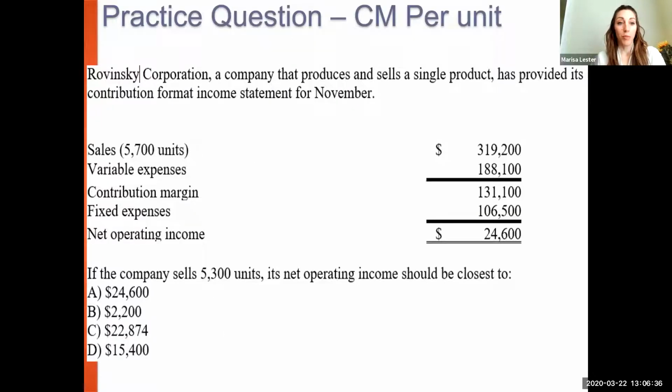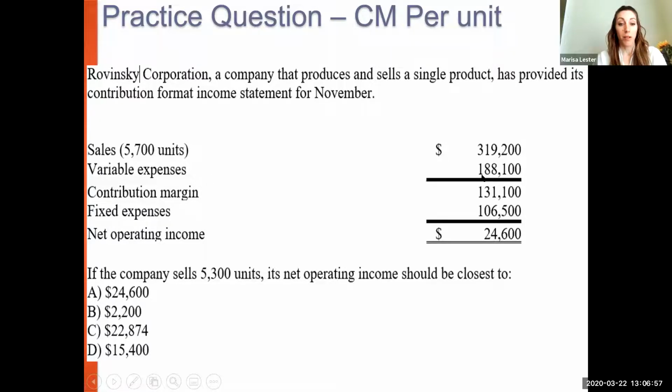All right, let's do this practice question, CM per unit. Gravinsky Corporation, a company that produces and sells a single product, has provided a CM income statement for November. So I have sales revenue, $319,200, and that's based on me selling unit sales, 5,700.